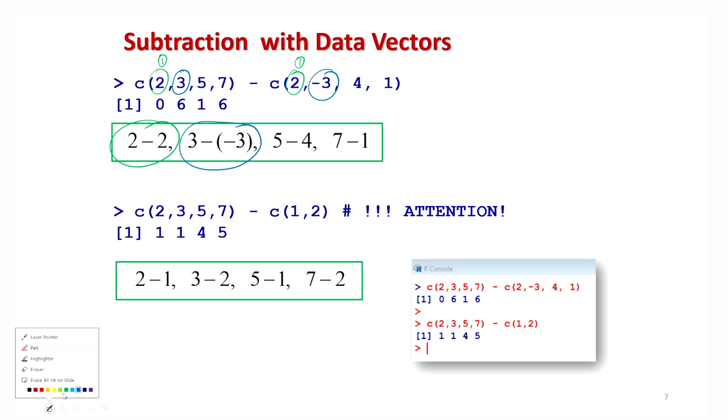Similarly, the numbers at the third position in data vector 1 and 2, 5 and 4, get subtracted like this, and finally 7 and 1, which are at the fourth position, get subtracted. So this is the same operation which was happening in addition also, but now we have a subtraction. So this subtraction operator is being executed.